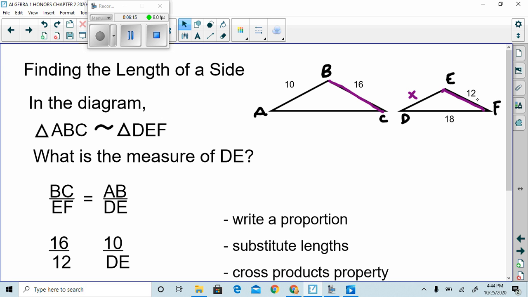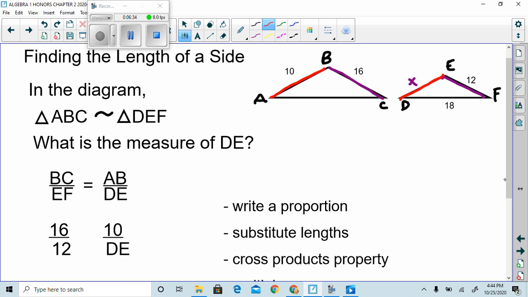So BC is to EF as AB is to DE. I put it here as the book did with a DE, but I would put a variable there.